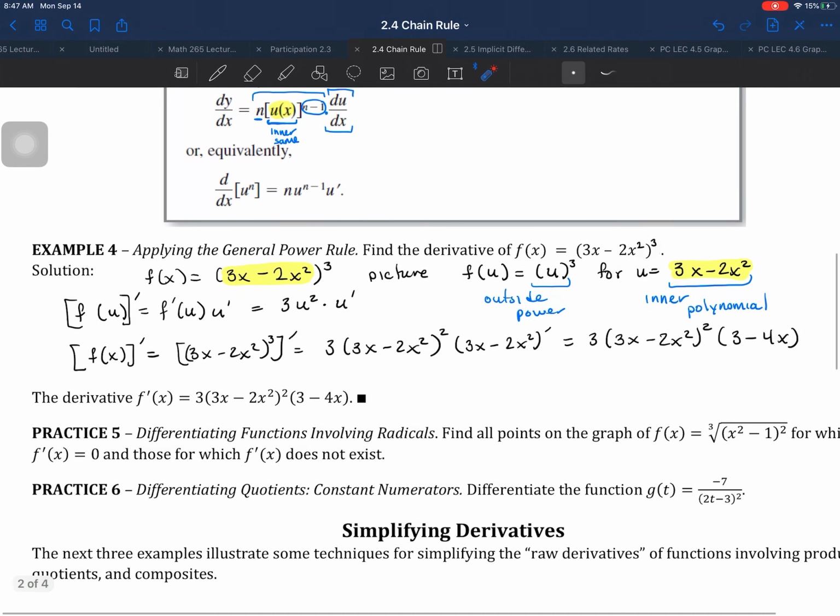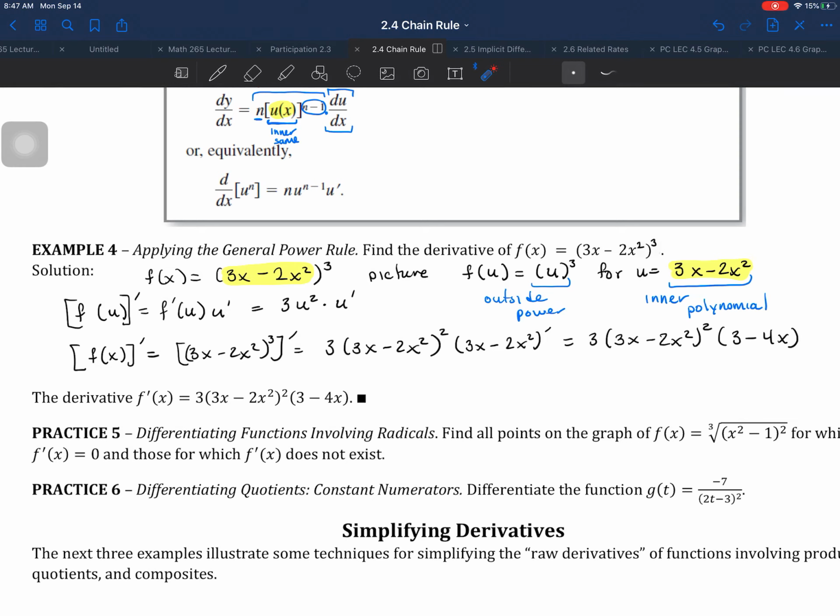Now, do we always have to use chain rule? On some occasions you don't have to. In this example, I could have expanded this whole thing using algebra, and then used the power rule at the end.